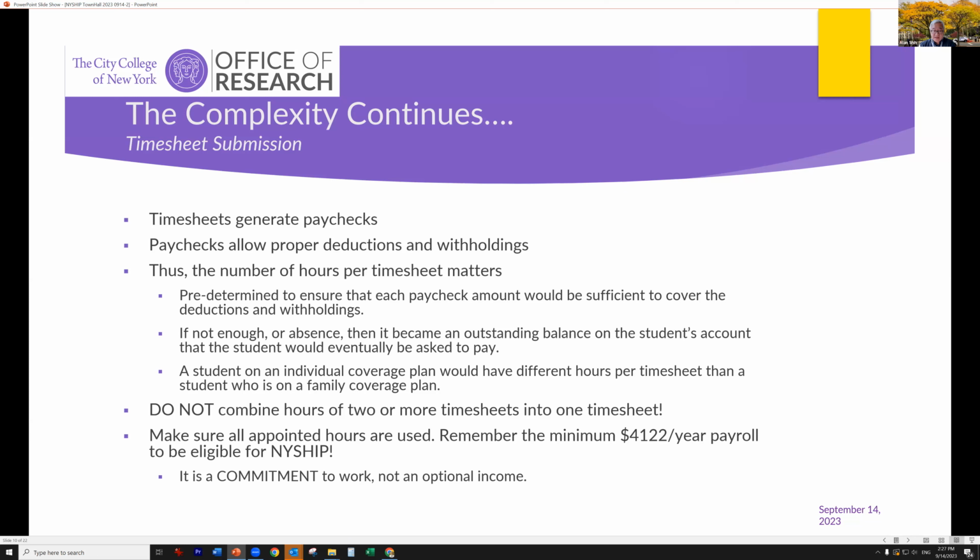And so they are not supposed to be eligible for NYSHIP because they make lower than that. So the number of hours appointed is a commitment to work that many hours under this appointment. It is not an optional income that the student decides they don't need. So that's a commitment. I just want to make sure that people understand that.